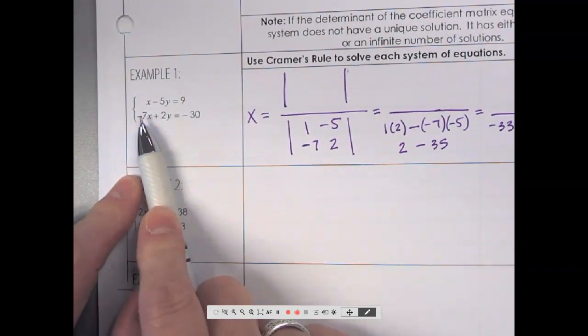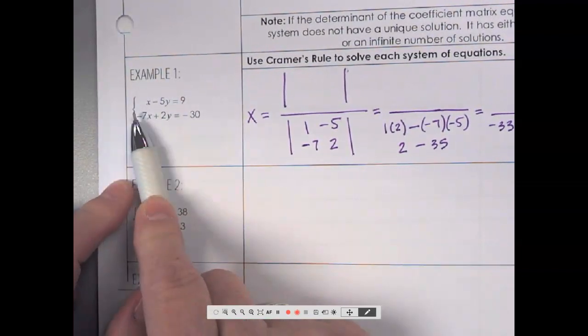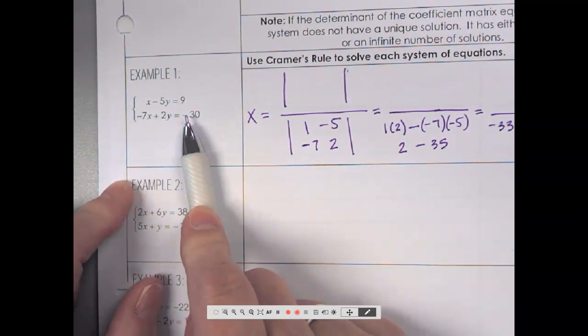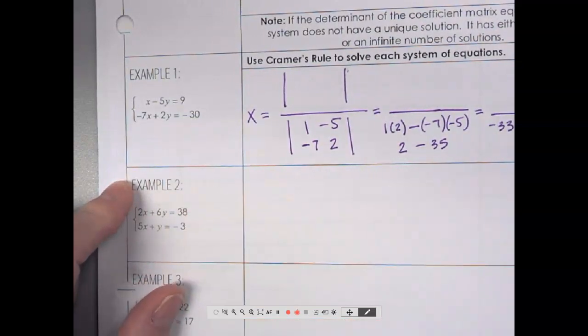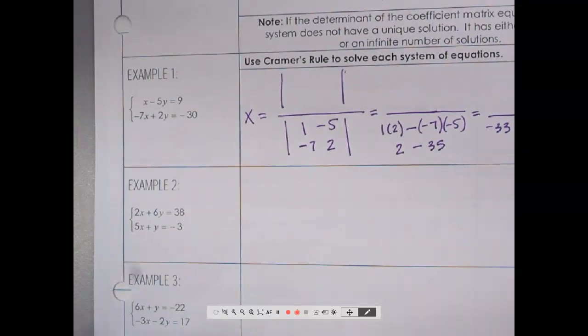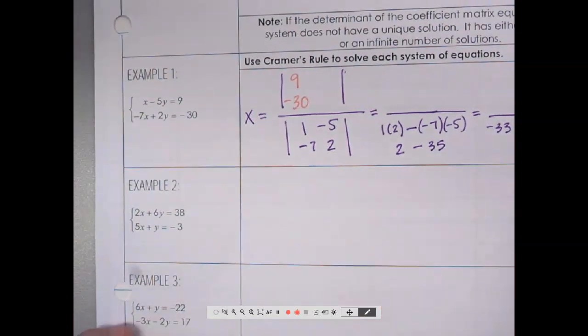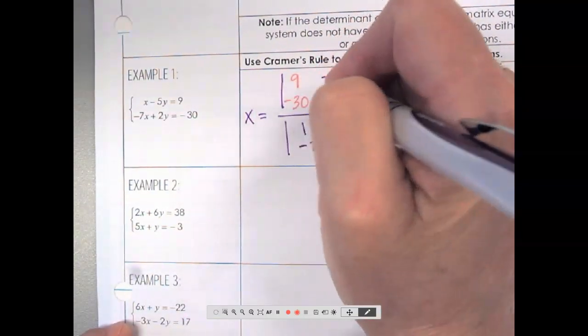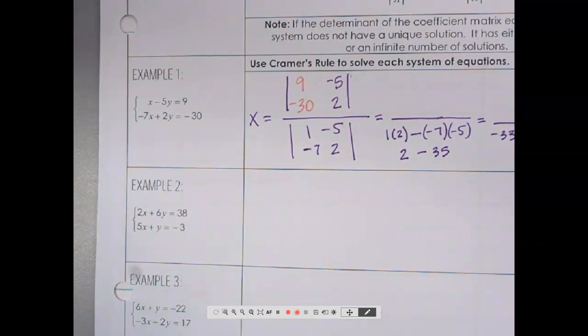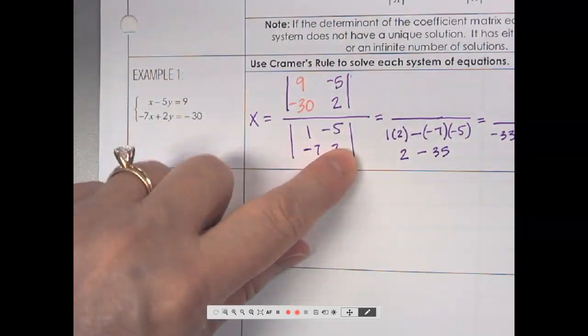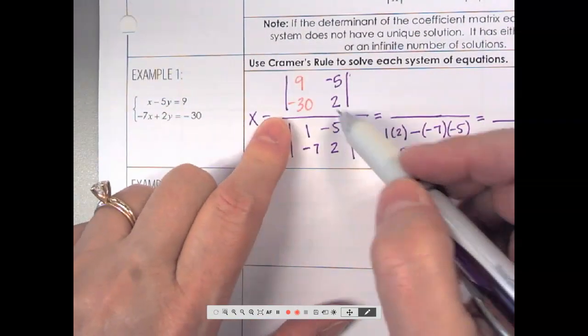Whichever one you're solving for, you replace those coefficients with the constants. Instead of the 1 and the -7, I am using the 9 and the -30. I'm still using the y coefficients. So whichever variable you're solving for in the numerator, kick those coefficients out, put the constants in their place, and still use the y's.